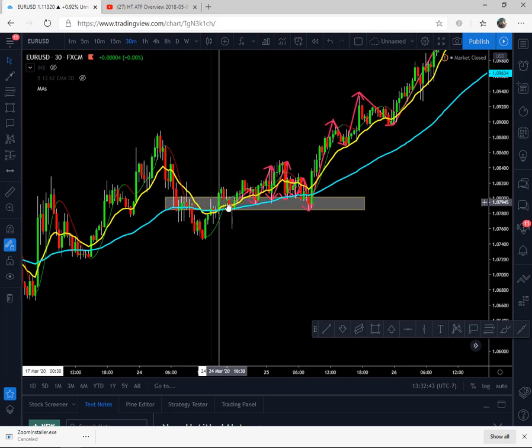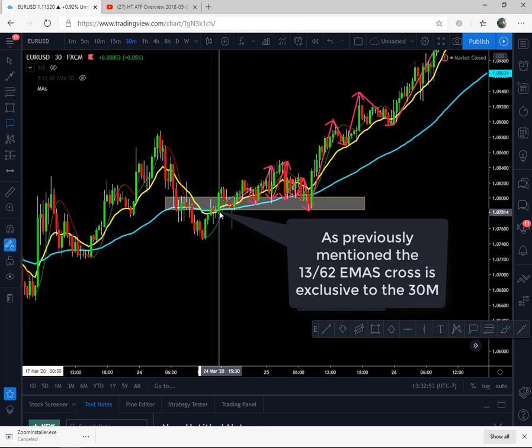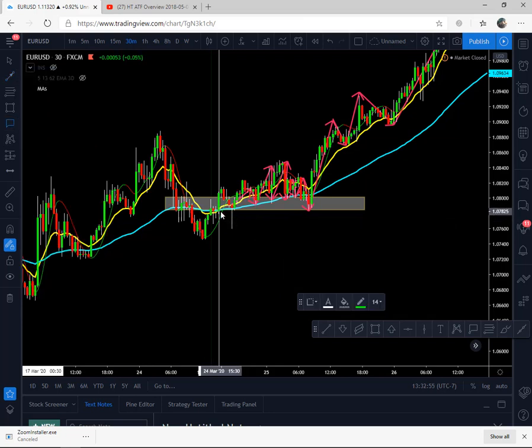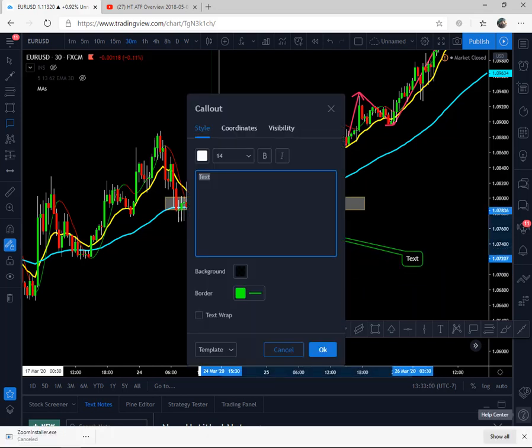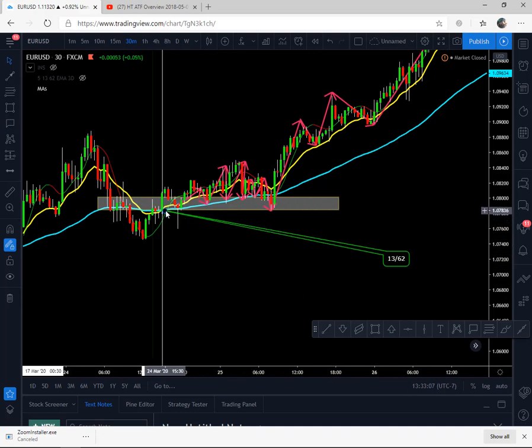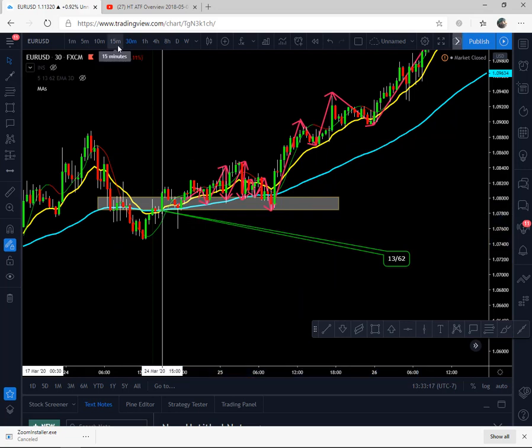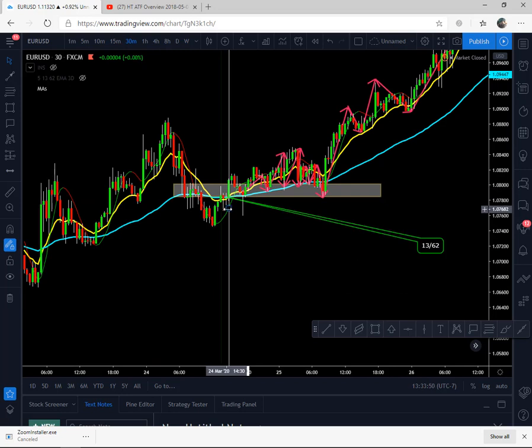So this is where we have our 1362 on the 30 minutes. So this is where we have our 1362 cross.